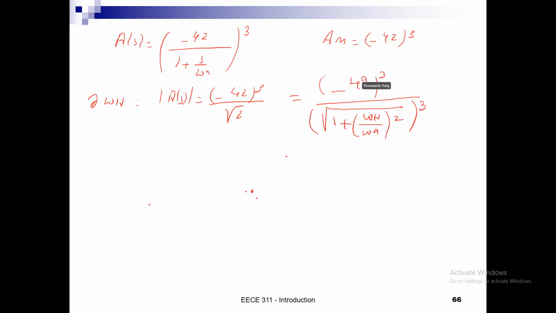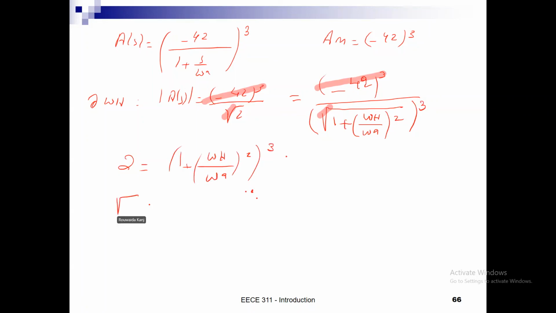Does anyone have a question on how I got this expression? Okay. So what can I do? The first thing, I will get rid of this term, it goes away. The second thing I can do is square both sides, so I will get rid of the square root. And so I will end up having that 2 is equal to 1 plus omega h over omega A squared, raised to the power 3.